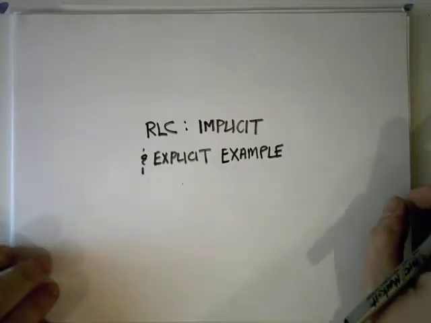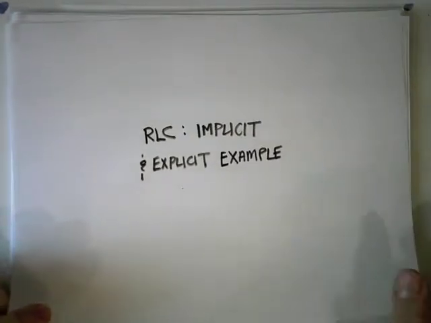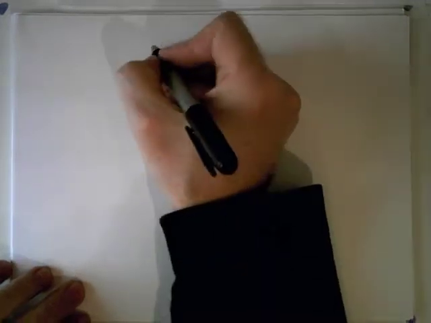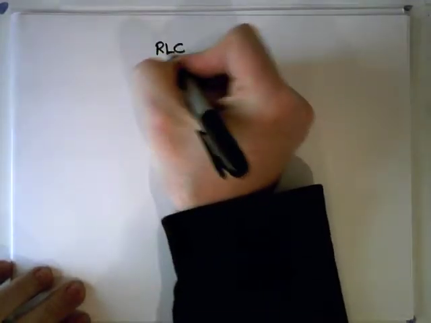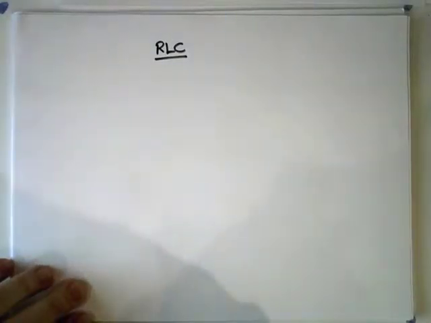One thing that I didn't mention in this last section that I do want to bring out is, if we come back to our RLC example, I wrote down the equation and then I just directly wrote down this numerical solution, and that's fine.